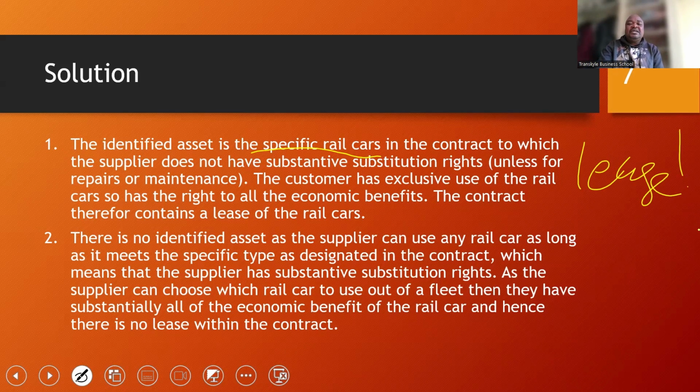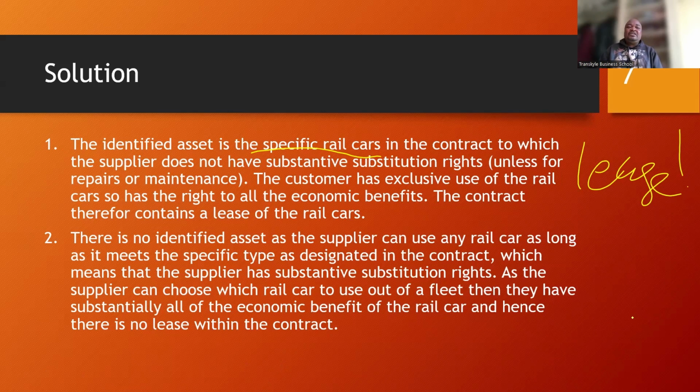Number two, there is no identified asset as the supplier can use any rail car as long as it meets the specific type as designated in the contract, as long as it is a bullet train, which they want. But they did not specify which bullet train. If the supplier has got 10 bullet trains, he can use any of those. So that's not a lease, is it? It means that the supplier has substantive substitution rights.